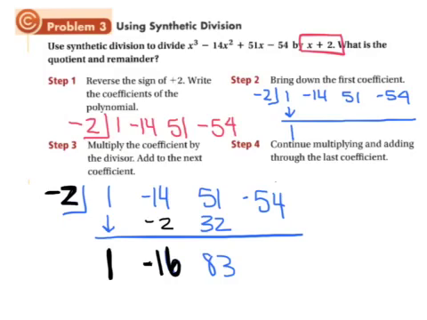And then you take this number, multiply it by the coefficient, and then just add them.